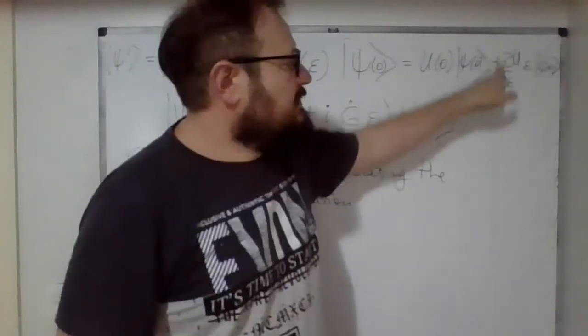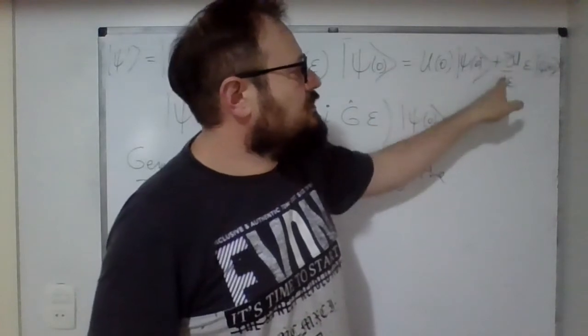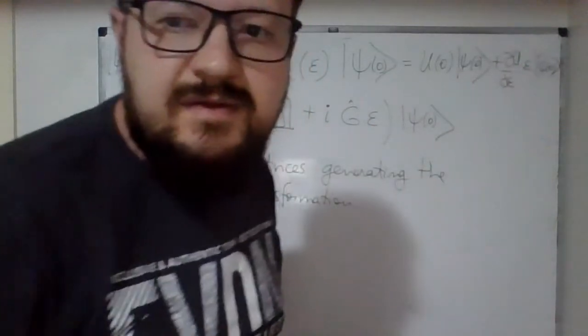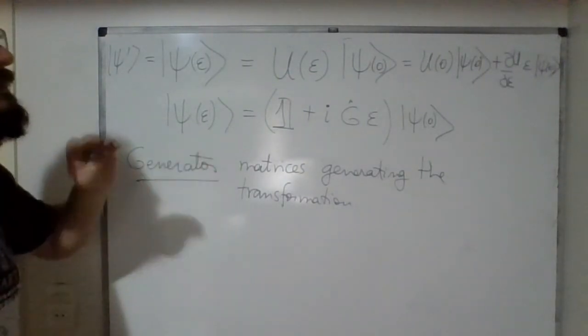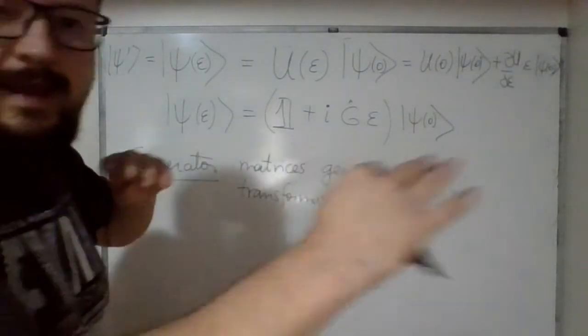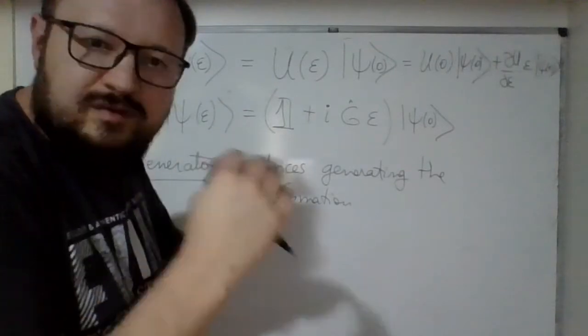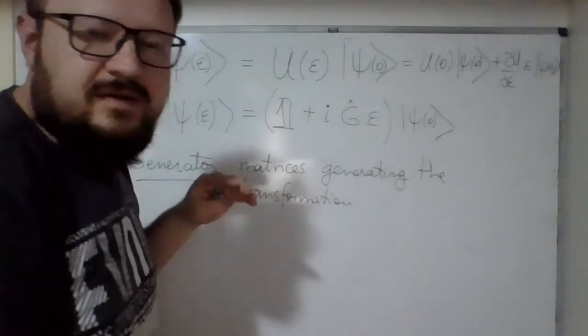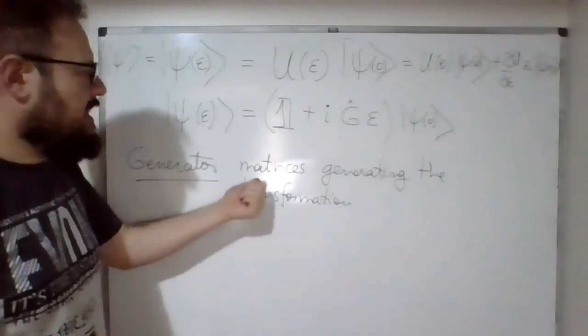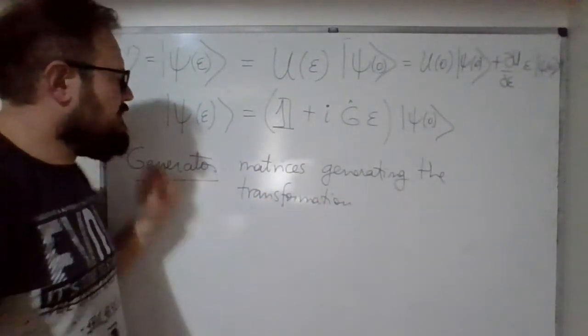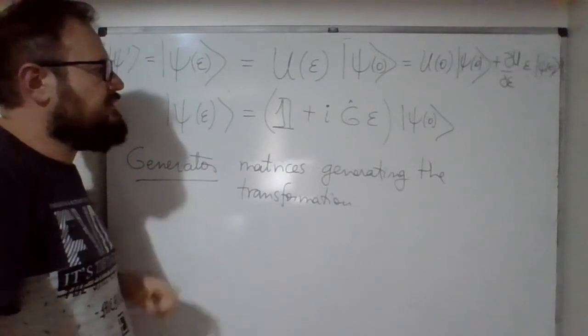And in this case, you need to be able to calculate the derivative. So Lie groups are smooth and act on differentiable functions. All right. So this is another property. So the matrices generating the transformation are called generators.